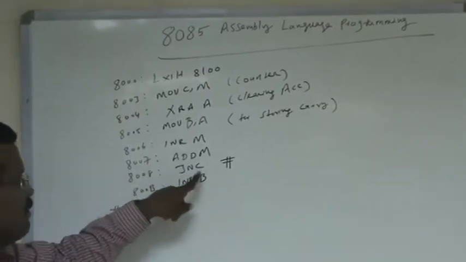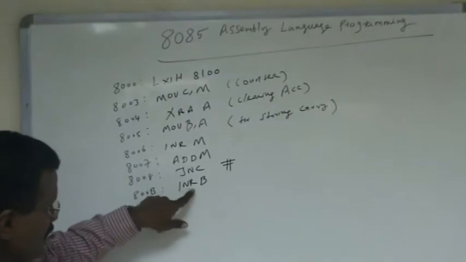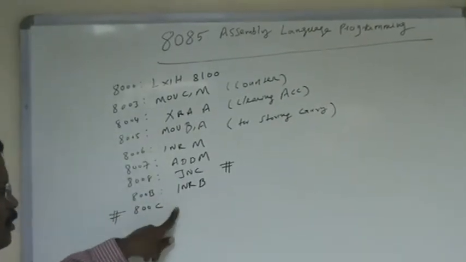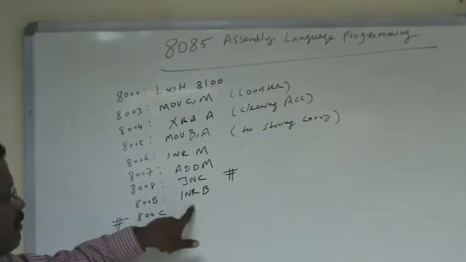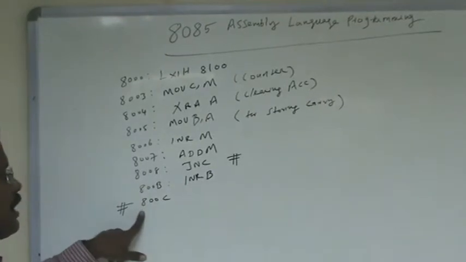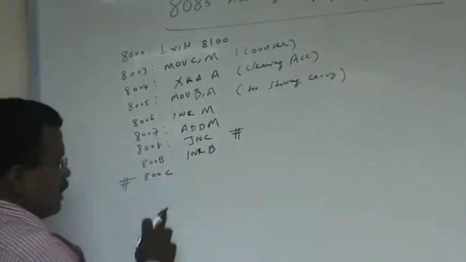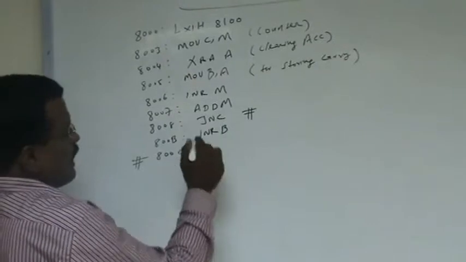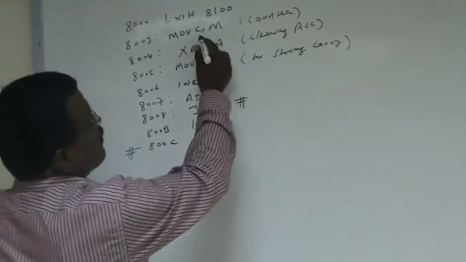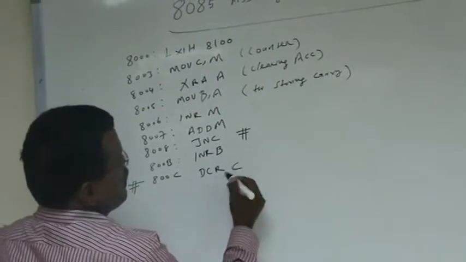Now I am checking the carry. If there is a carry, the register allotted for the carry will be incremented. If there is no carry, you are not supposed to increase, and that instruction is skipped. So directly come here. What is the meaning? The first data is added. So I am going to decrement the register I have allotted for storing the counter, DCR C.